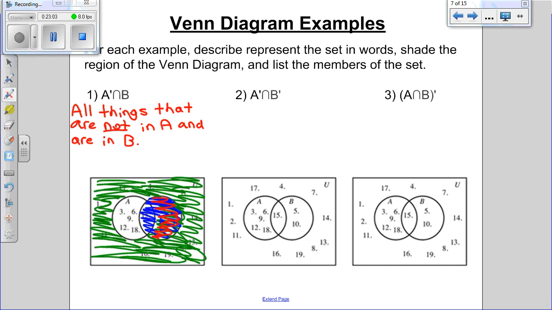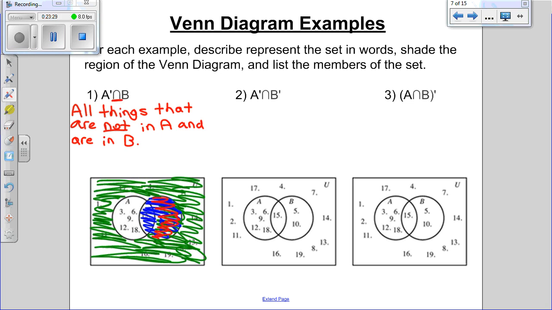If I were you, I would definitely invest in maybe 2 or 3 highlighters or pencil crayons, and then bring them. It's easy to shade and see where things are overlapping. Because in this case, when it says and, that's talking about where they overlap. So I'm only trying to figure out where the shaded regions overlap.